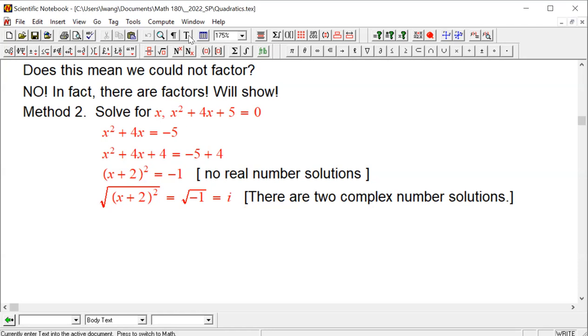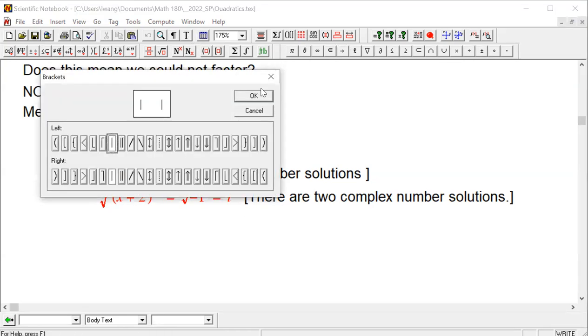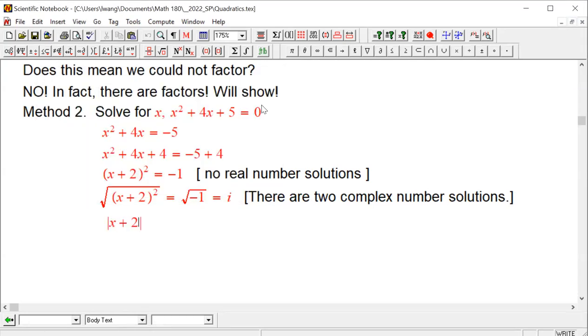So we got the absolute value of x plus 2 equals i. Just like how to solve an absolute value equation, you're going to have x plus 2 equals plus i or minus i. So in the end, your solutions are going to be -2 plus or minus i.